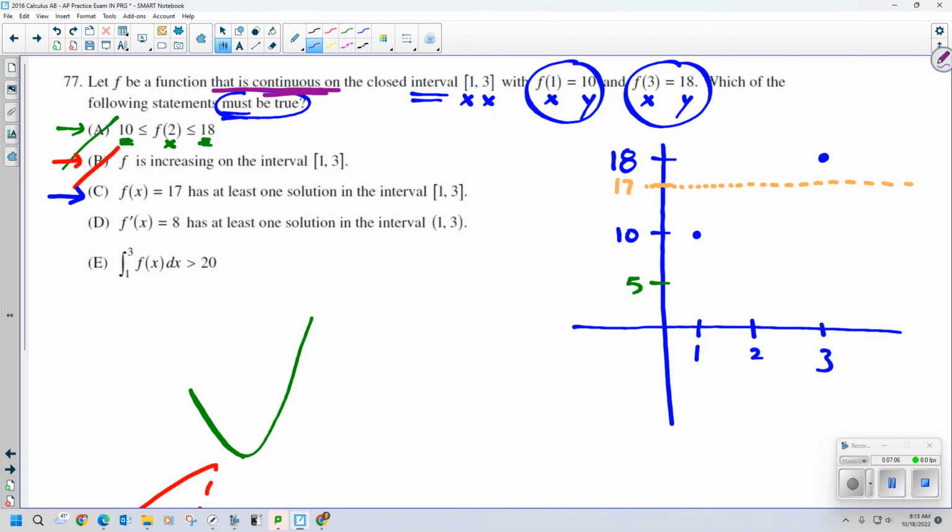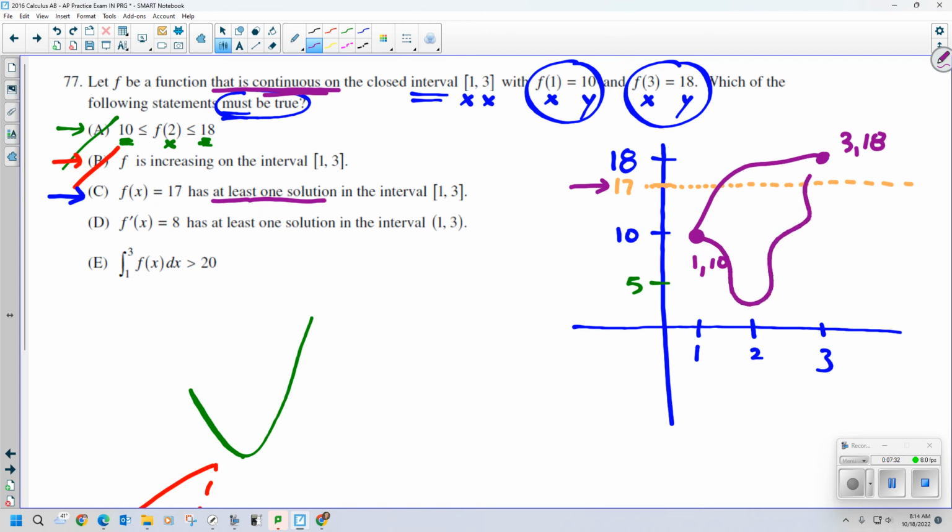I can draw it without picking up my pen or pencil. There is no way possible, no scenario, that if I start here at (1, 10) and I go here to (3, 18), there is no way possible I can connect those two dots without touching this line 17 at least once.